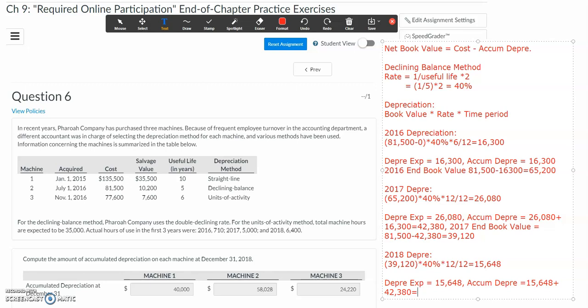And that's how we get the answer in this problem of 58,028. So that's how we get this machine 2 accumulated depreciation.